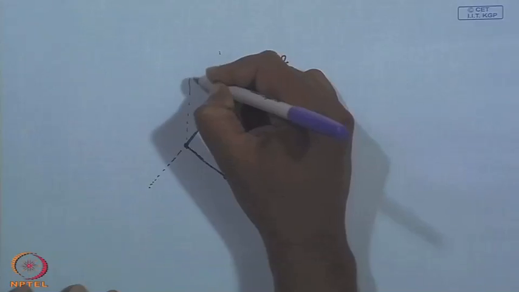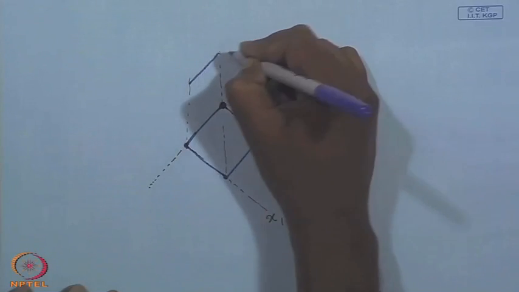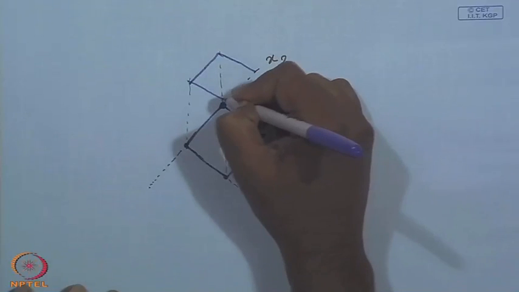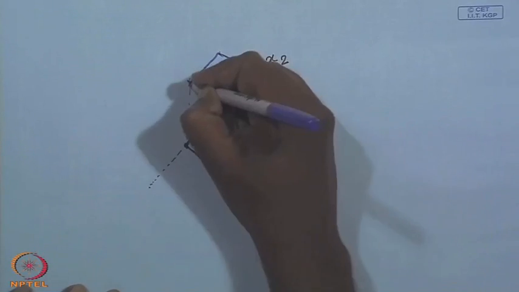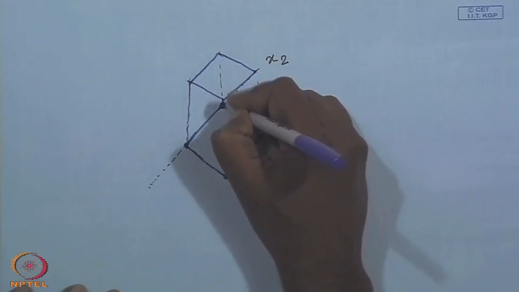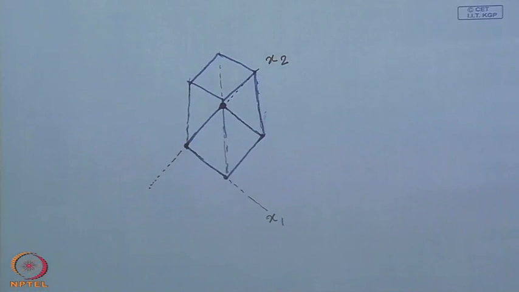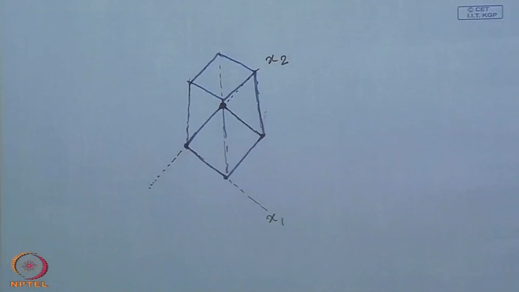So, this was the plane, and I have dragged this plane in the direction perpendicular to x1, x2. What I have actually got is a cube, because if the amount of drag in every direction is the same, I get a cube. If they are not the same, I get a parallelepiped, and this is defined in 3 dimensions.